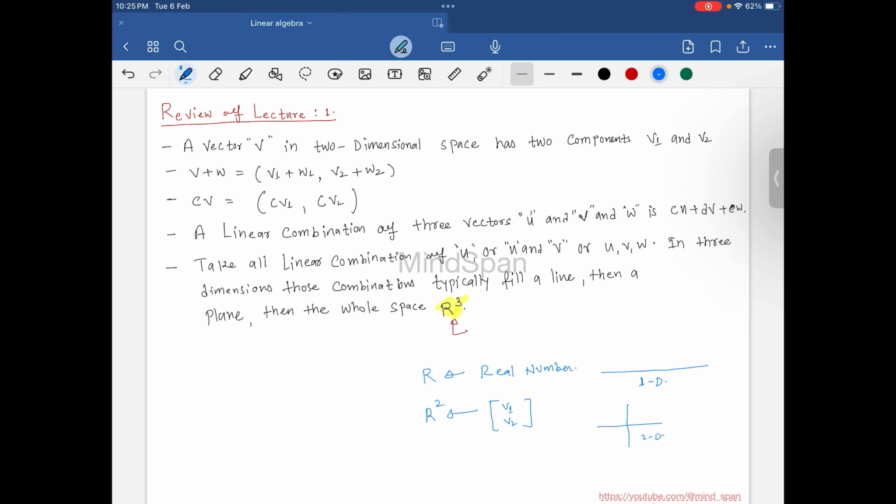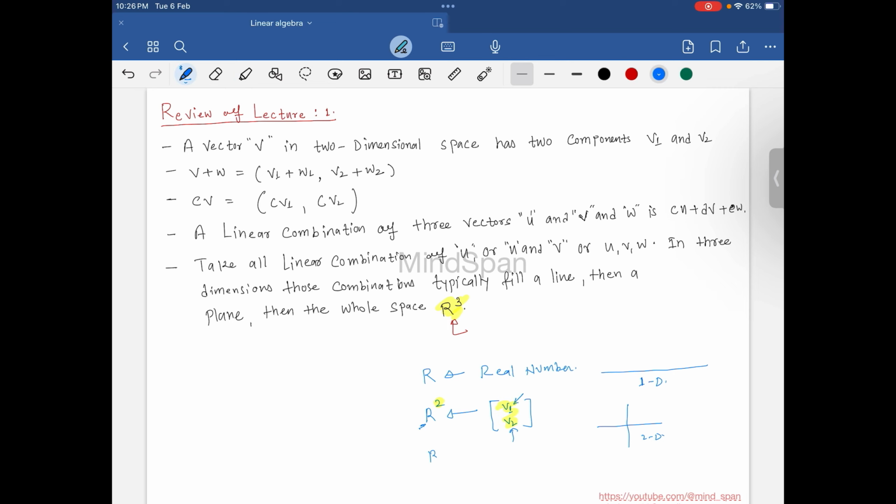So this r square is nothing but, you can say that it belongs to real numbers, and the vector will have components here, those will be real numbers, and this 2 is specifying from which space these vectors are coming, right?